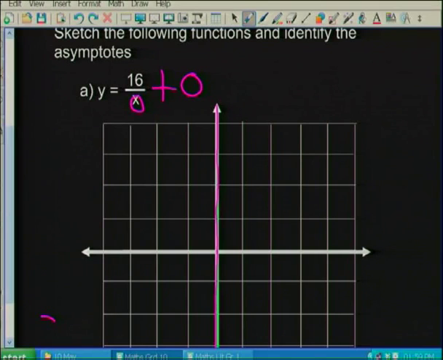In the first graph that I'm asked to do, I don't have a q value, so it's 16 over x plus 0. Therefore I know that my horizontal asymptote is going to be on the x-axis.